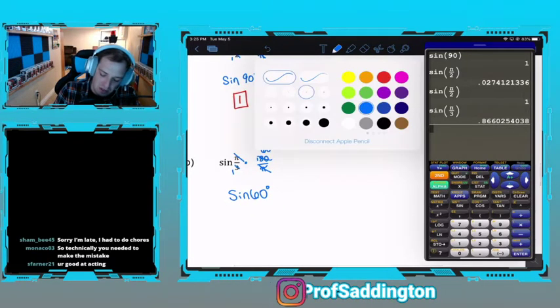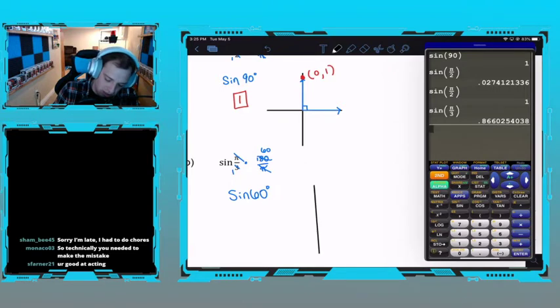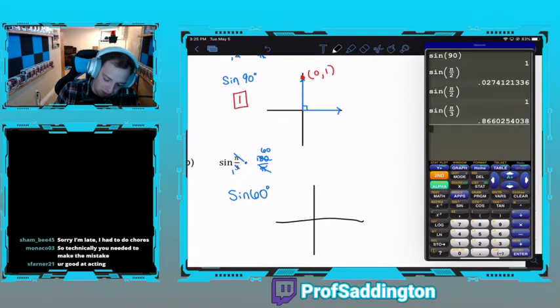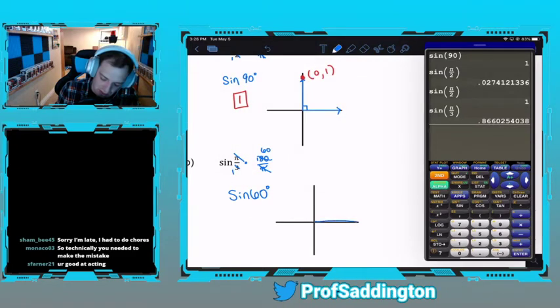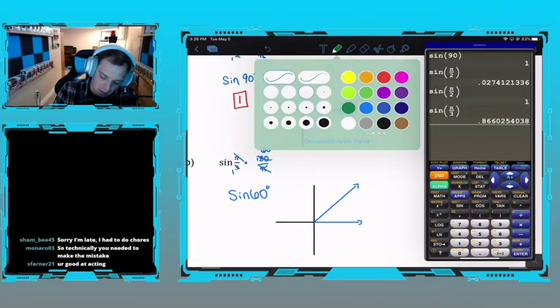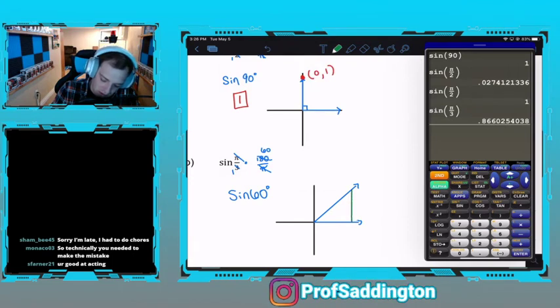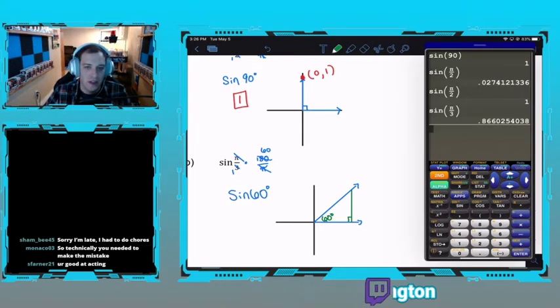So I'm going to graph it out. It's just like we did before. Nothing is different here. 60 degrees is going to be over here in the first quadrant. This time, you guys can create a right triangle, though. And my right triangle has the 60 degrees over by the origin there.